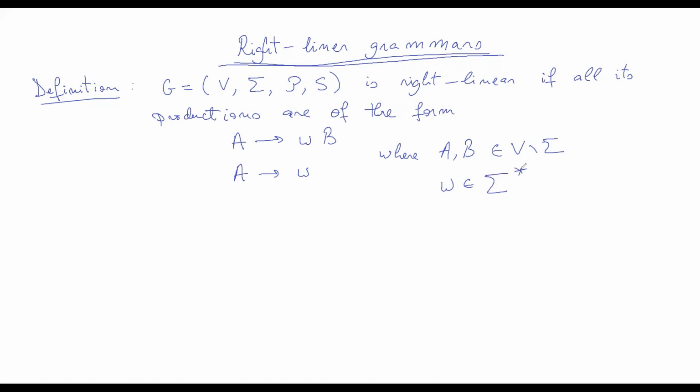So what I mean by this, linearity is clear. These productions consist of one single symbol on the left-hand side and one single non-terminal on the right-hand side. So the linear part is clear from that.